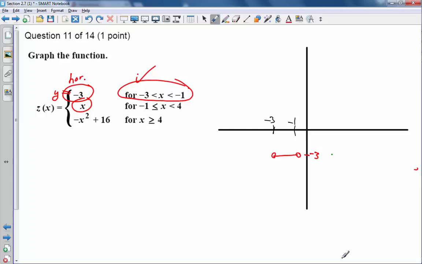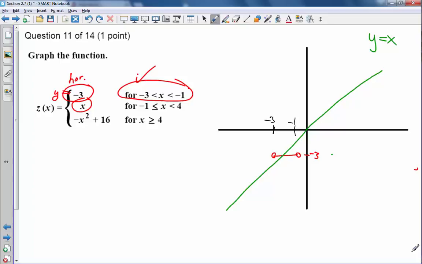How do you sketch this one? Origin. We start with origin. Which direction do we go? Up to the right, this way, and down to the left. So they will meet each other.